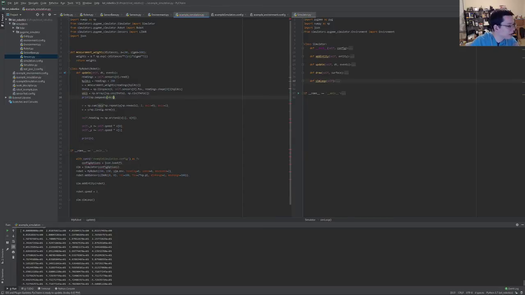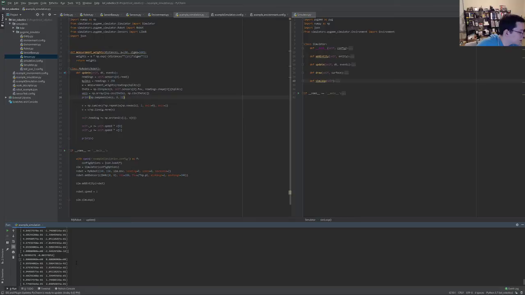For the sake of display, I want to swap these axes. Stop. Okay, so we're going to point... That should end up going back around to 1. Okay.